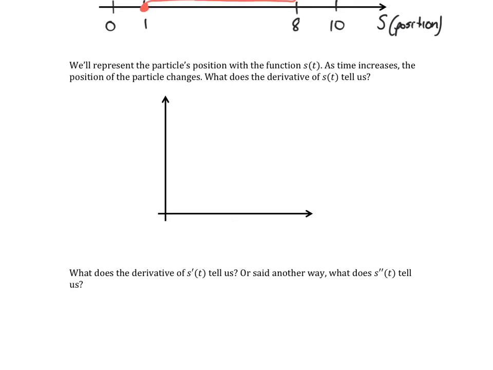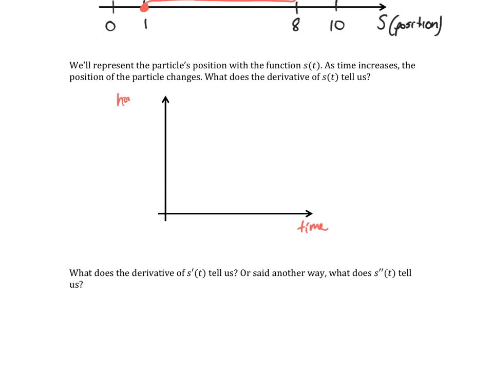Okay, but let's take this a little bit further. Let's say I represent this particle's horizontal motion with this function s of t, where t is time. Over time, time will be my input on my x-axis, and s will be on my y-axis.